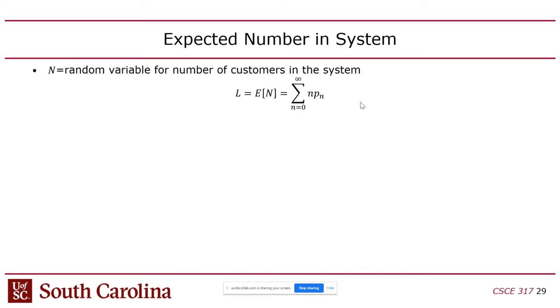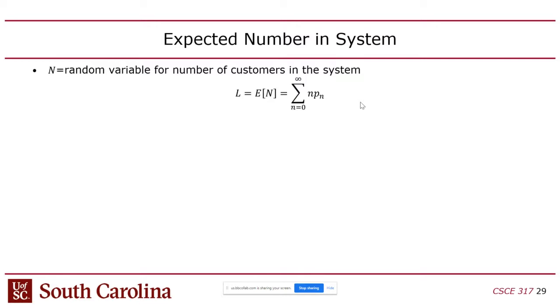Okay, so now the problem is we need to know the expected number of customers in the system. Like I was mentioning earlier, if you know P sub n, which we do now, we can just multiply that against n, which is really just giving us a weighted average. It's like saying there's a 25% chance of being 1, a 50% chance of being in 2, and a 25% chance of being in 3.